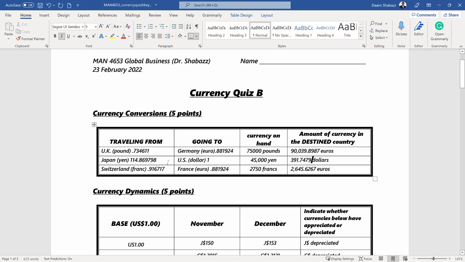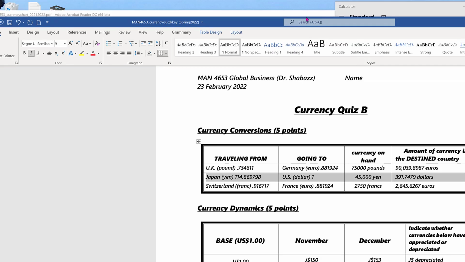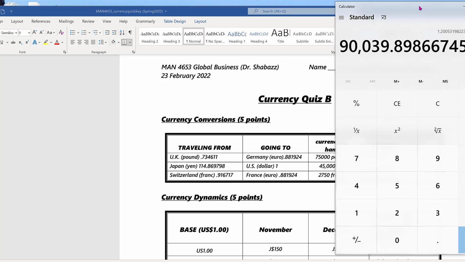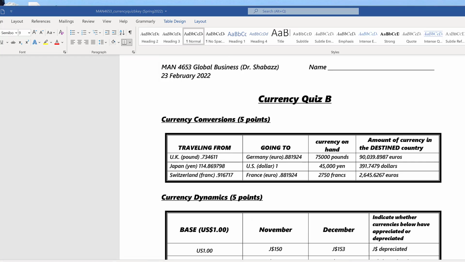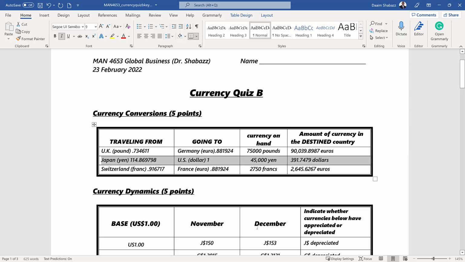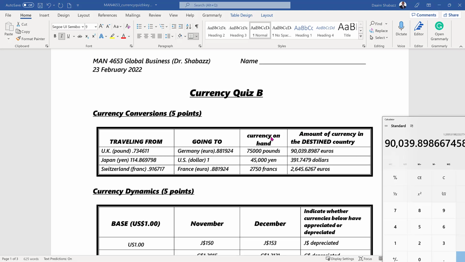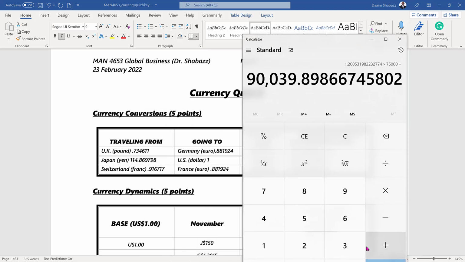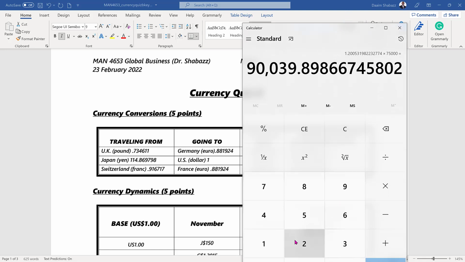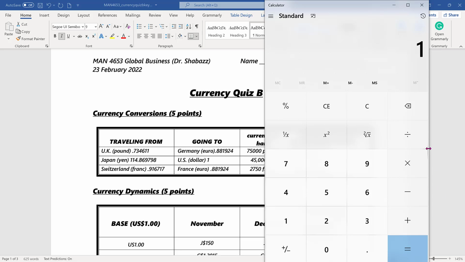For this one here, the Japanese yen, you're going from Japan to the United States. And you want to know how much your 45,000 yen are equal to in the United States. So just like before, 2 over from, so that is actually 1 divided by 114.869798 equals.